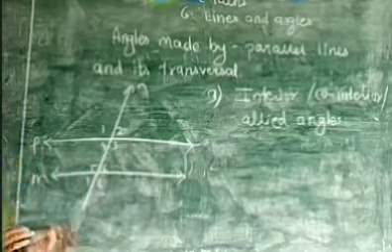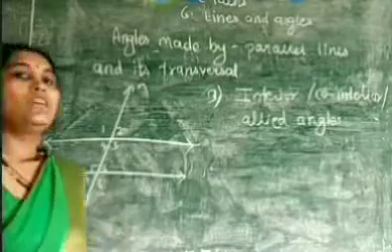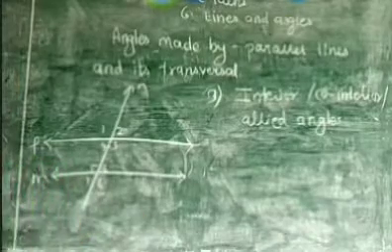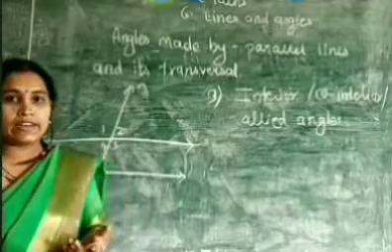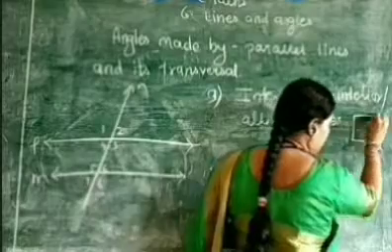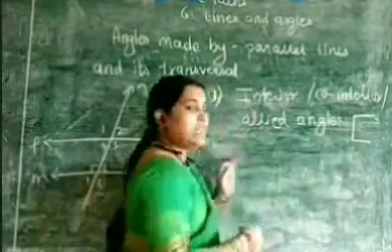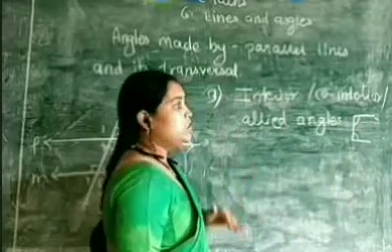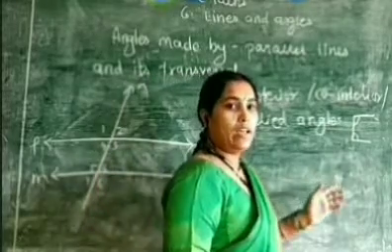You can use any of these three names. Interior angles on the same side of the transversal are not equal in measurement, but their sum is equal to 180 degrees. How do we identify the interior angles? Whenever you get the letter C, inside means interior. Inside the C are this one and this one. Their sum is equal to 180 degrees. They are not equal.